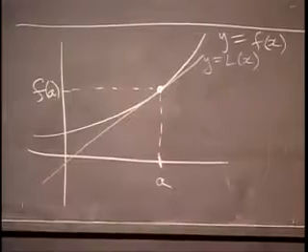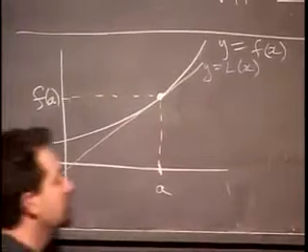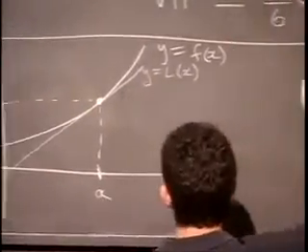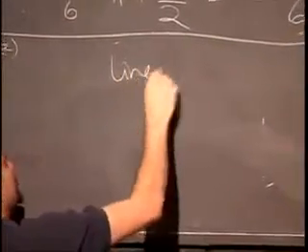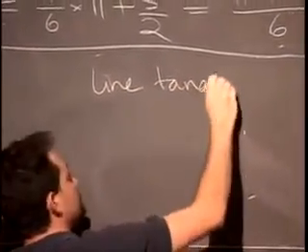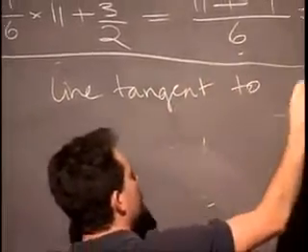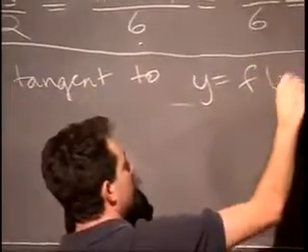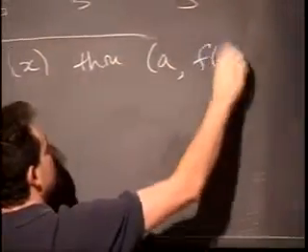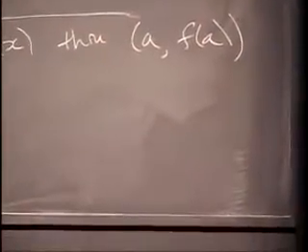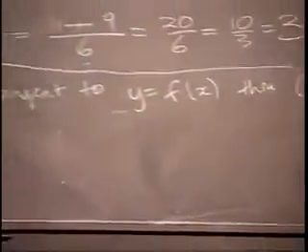And I need the equation of the linearization. So let's just work it out in general. So I want the line tangent to y equals f of x through a, f of a. That's the point on the curve, a comma f of a. And I want that tangent line.